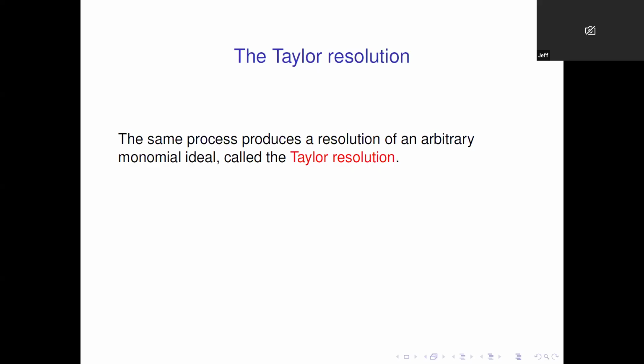There's been substantial progress in the last 5 or 6 years, with people being able to finally write down explicit resolutions that don't involve making choices anywhere along the way. But it's a really hard problem to understand, and Taylor was able to at least not get a minimal resolution, but a resolution which has a lot of nice symmetry properties for an arbitrary monomial ideal.